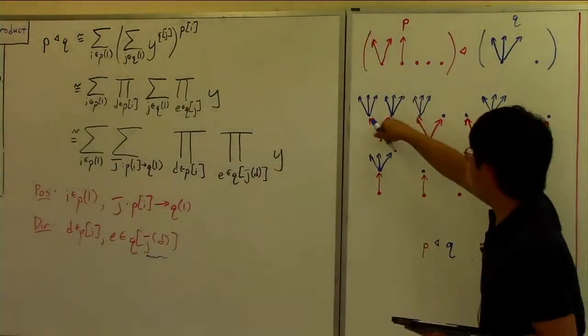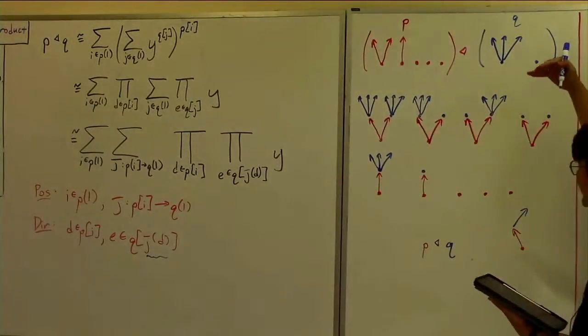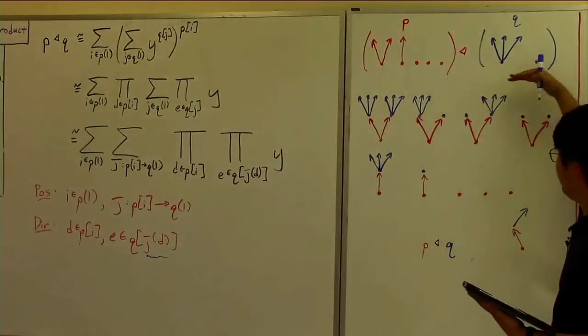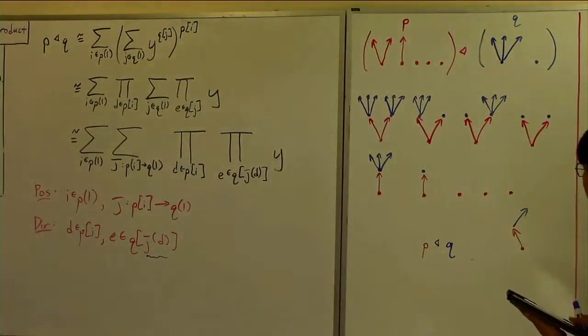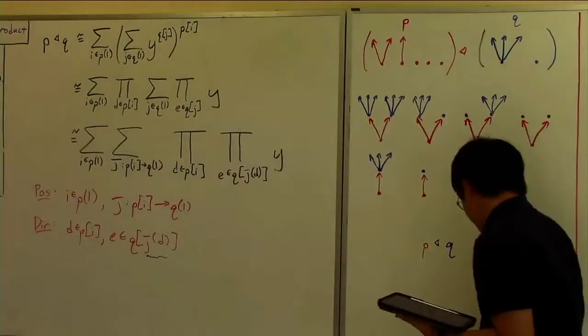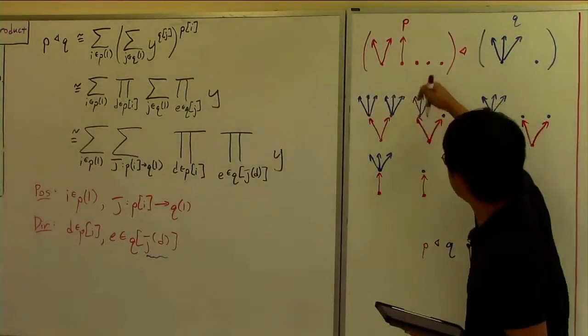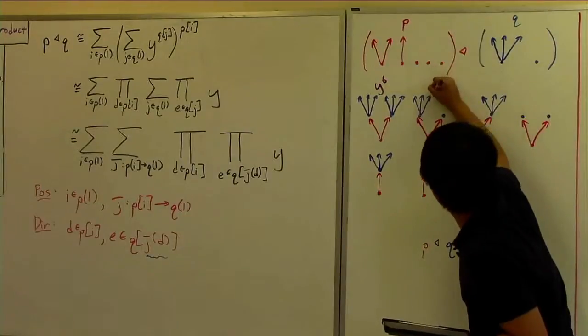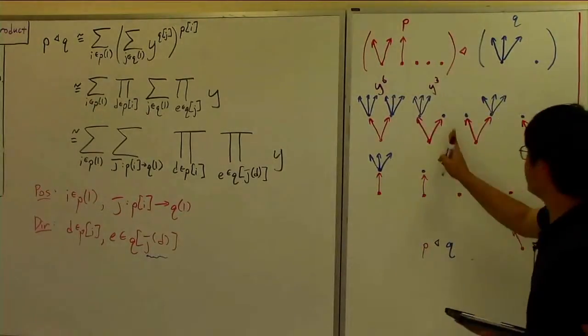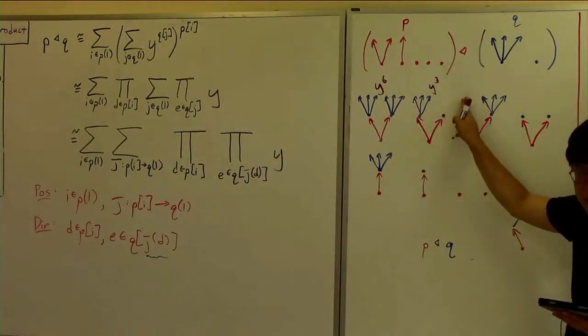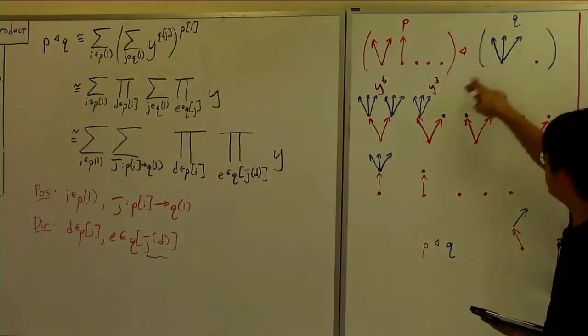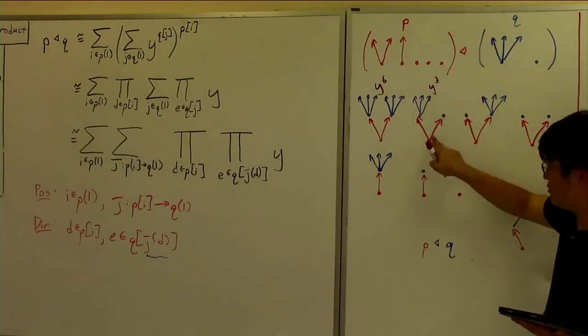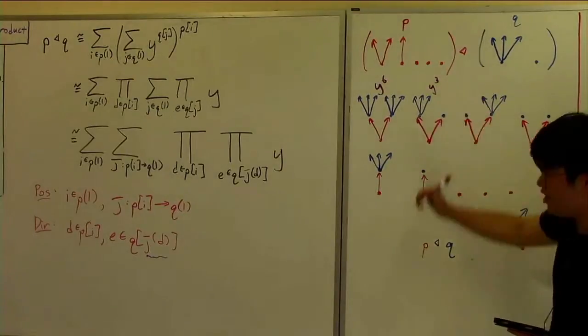And so you can think of these as these paths, or equivalently, you can think of these as the arrows that reach the very top, right? So for example, here we have 6 directions. So this is a y to the 6th term. This is a y to the 3 term. We have 3 directions here. Notice that we don't get to the top here, right? There's no directions of Q to pick if we come over here. So this actually contributes no directions.